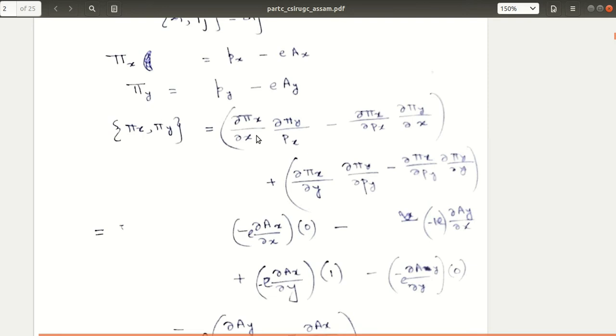So if you just take the derivatives, del pi_x by del px, del pi_y by del x: this term will be 0, and this will be del Ax by del x into minus e. Another term is 0, and minus of minus e, del pi_x by del px, which is 1. Then del pi_y by del x will also give you, this term will be 0, but this will give you minus e into del Ay by del x.